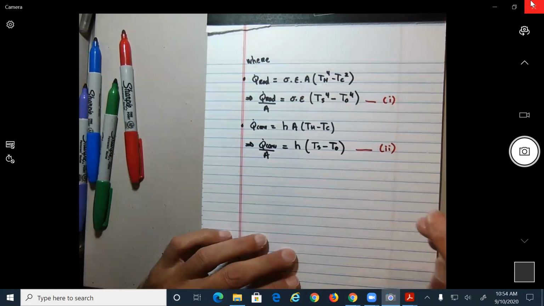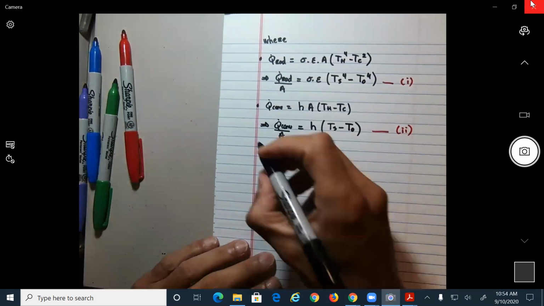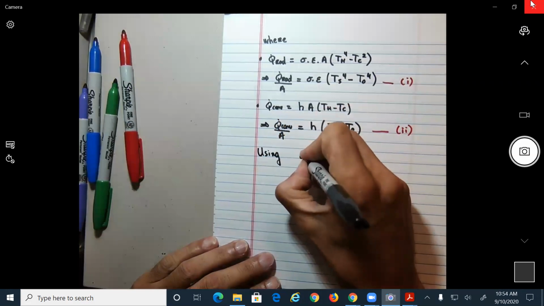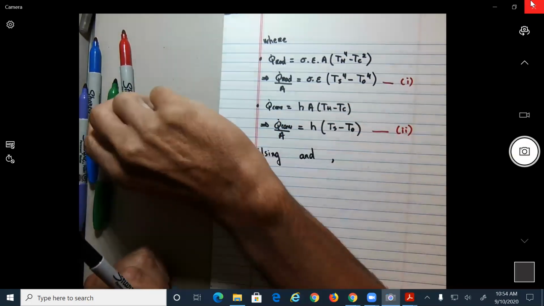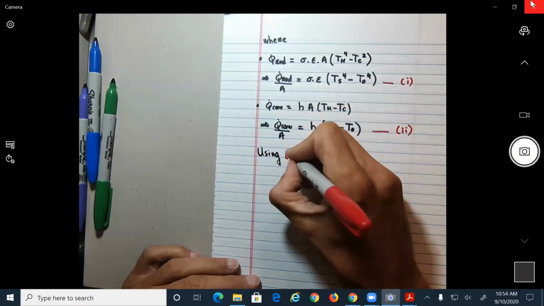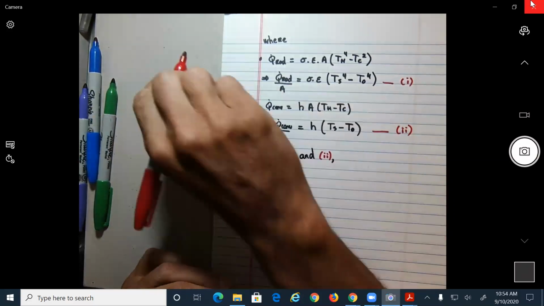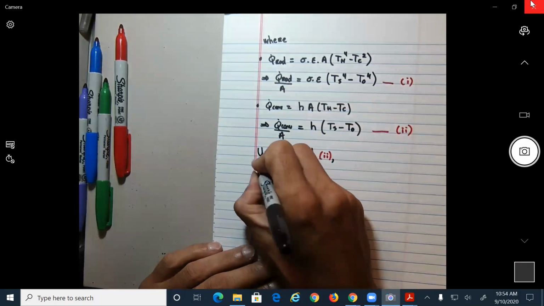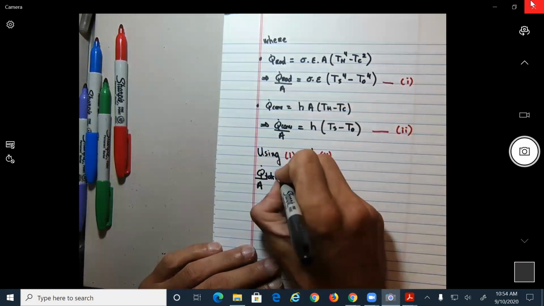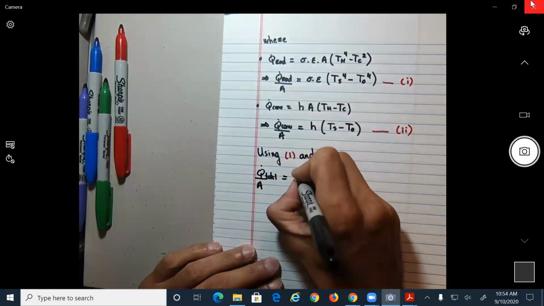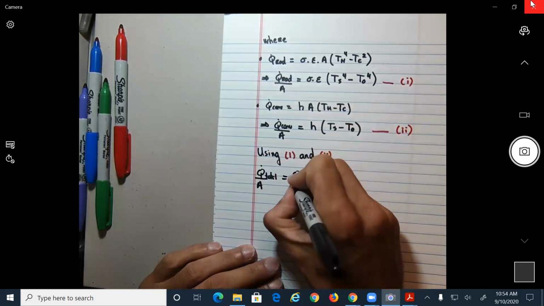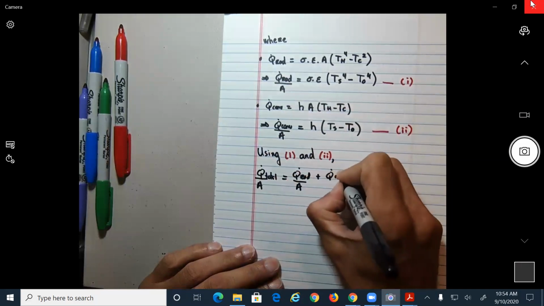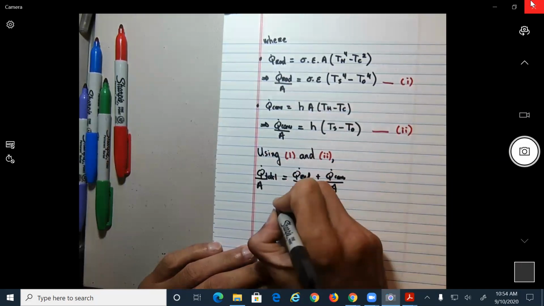Okay. So using these two equations, Q total per unit area, we know it's equal to Q radiation per unit area plus Q convection per unit area.